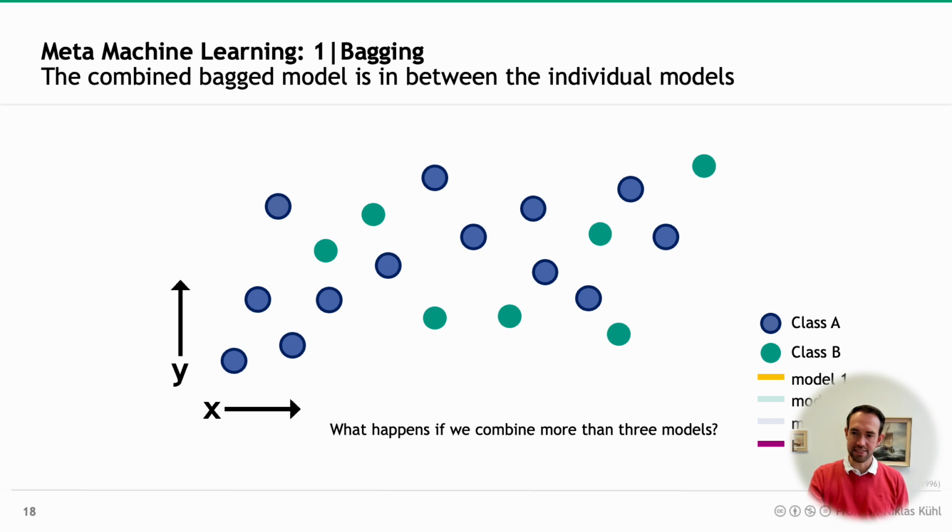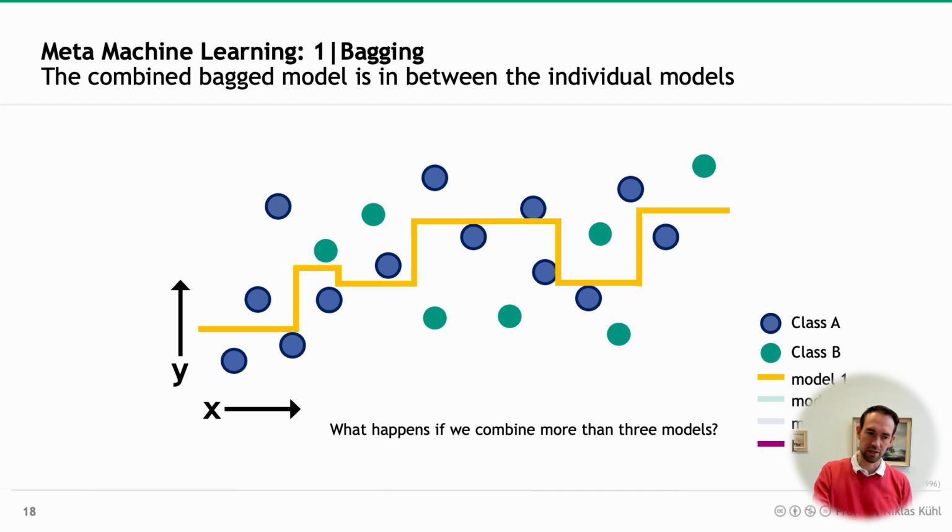And the idea is that by combining these bagged models, we get better than the individual model. So let's say we want to distinguish between our two classes, A and B over here, right? Fitting a linear line obviously does not work. So let's utilize decision trees and let's have three models that take their shot, right?